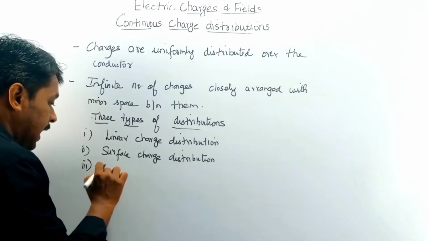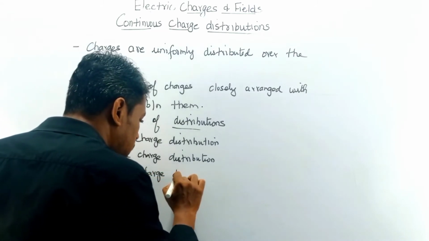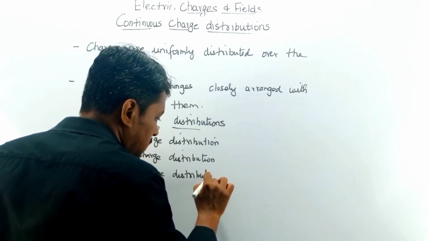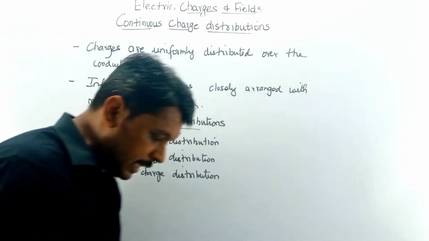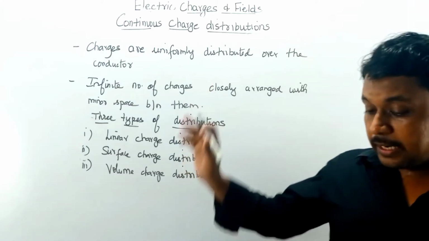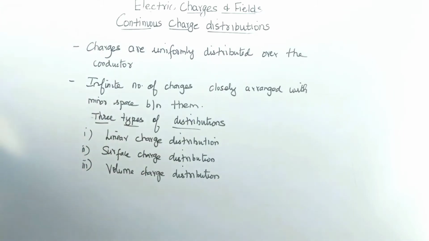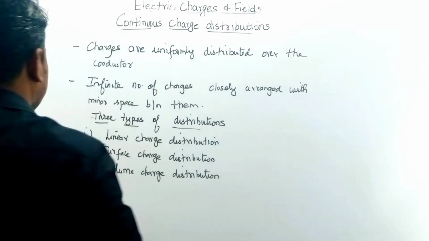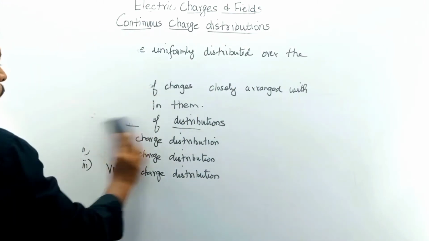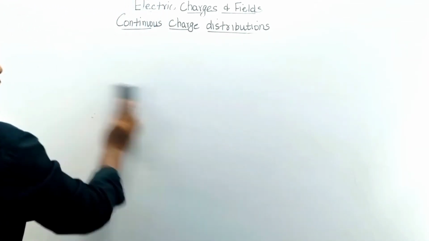And the third is volume charge distribution. These are the three kinds of continuous charge distribution. We will see each in detail, individually: what is linear, what is surface, and what is volume charge distribution.